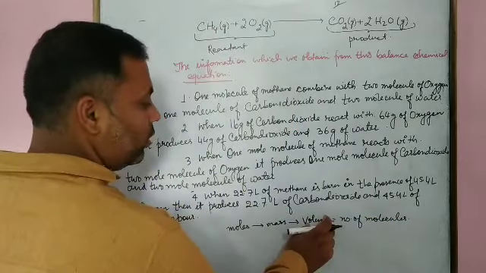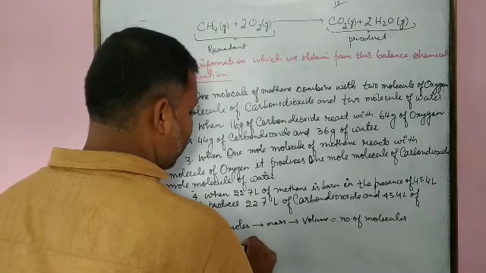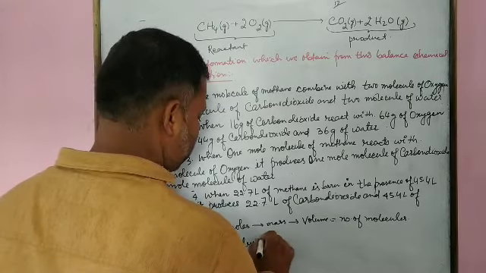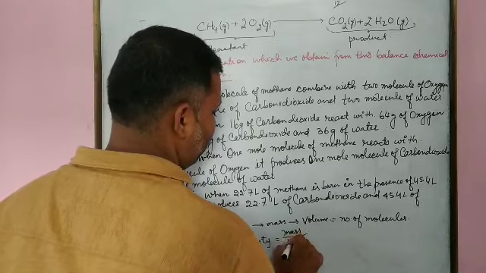How to relate the volume with mass? We have the relation that density is equal to mass by volume.